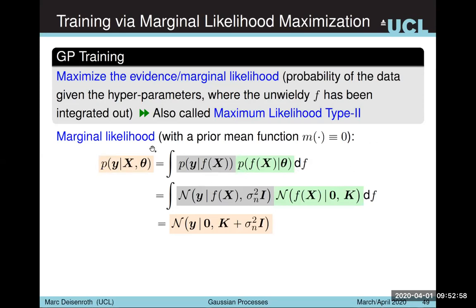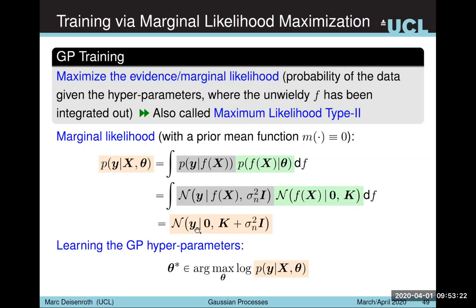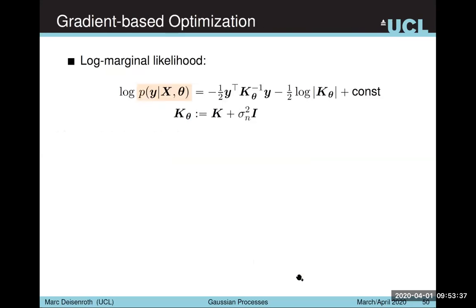So again, I'm just going to write down what the marginal likelihood is, and we already talked about this at length yesterday. The marginal likelihood in the Gaussian process is actually easy to compute. It turns out to be just a number. This is actually not a probability distribution, but just a real number because the y values are observed. We can now learn the Gaussian process hyperparameters by maximizing the log marginal likelihood, which is given by this expression here.